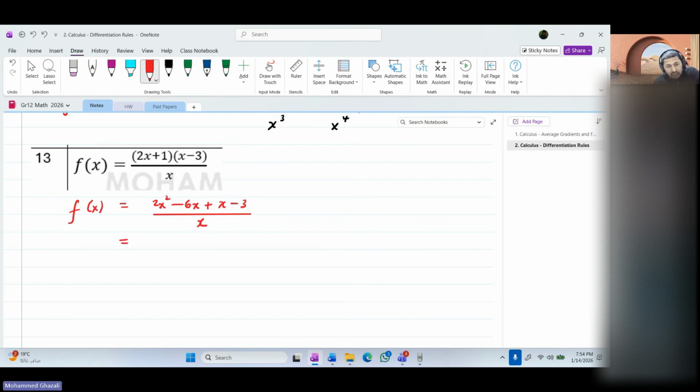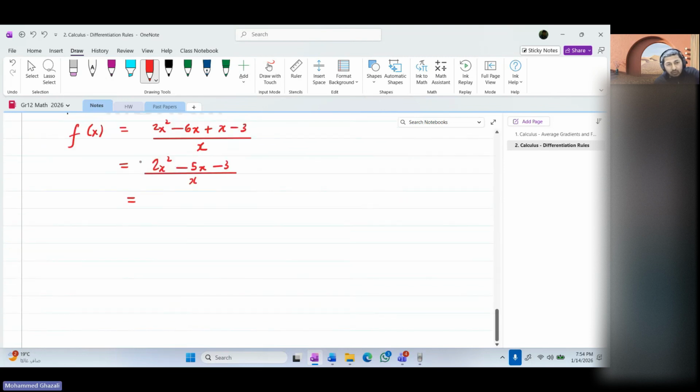Now, we have to simplify this. So we got 2x squared minus 5x minus 3 over x. Okay, so now we can split up, which is 2x squared over x minus 5x over x minus 3 over x.